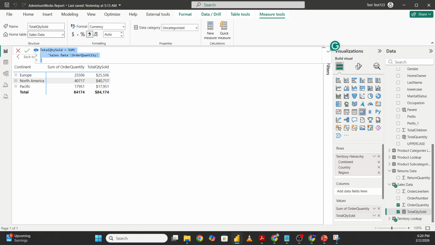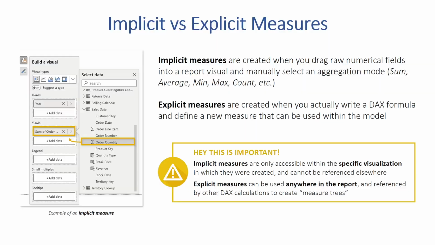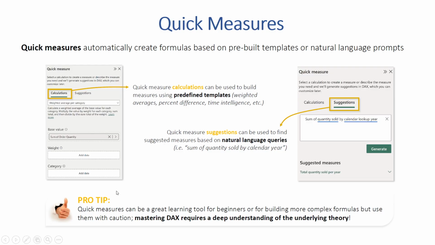Let's come to the quick measure part. I'll open this PPT. Quick measure automatically creates a formula based on predefined templates or natural language prompts. This window could be called the quick measure window.